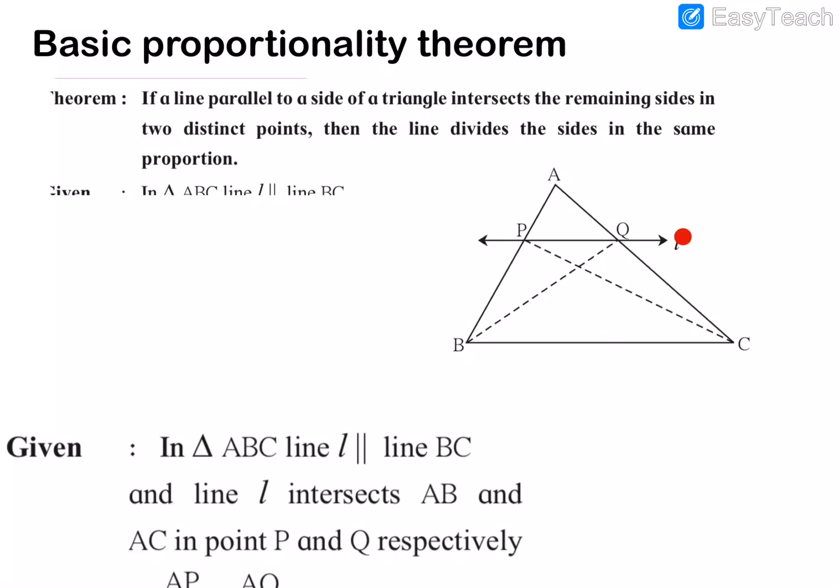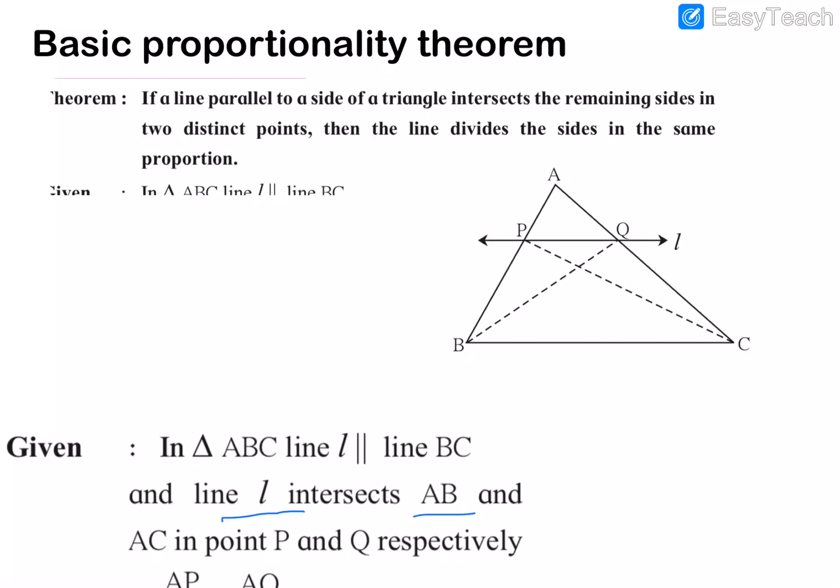So these two lines, L and BC, are parallel, and L intersects the side AB at point P, and L intersects the side AC at the point Q. So this much is given in the problem.